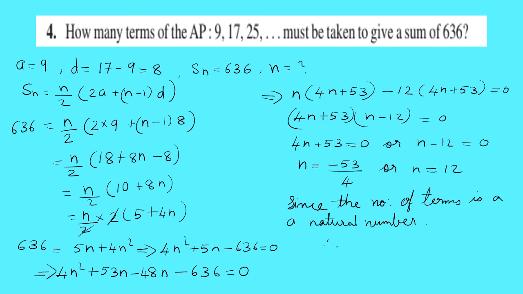Therefore, n equal to 12. You are not taking the value of n as minus 53 upon 4. Therefore, write the conclusion. Therefore, number of terms is 12.